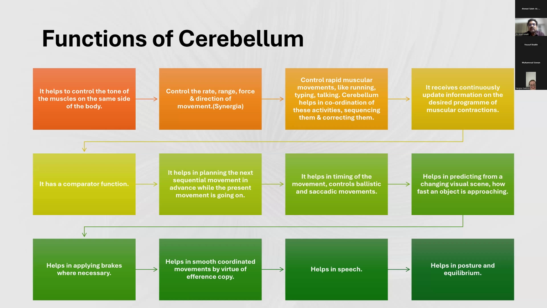It controls the rate, the range, and also the force and direction of the movement. This is called synergy. It is the connecting factor which synergizes each and everything. Too much excitation, too much inhibition, the cerebellum is there and it will help maintain the synergy.